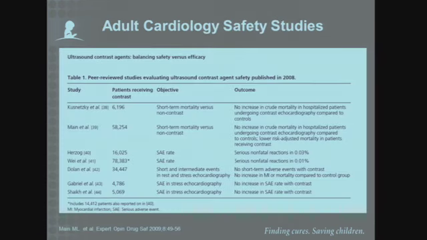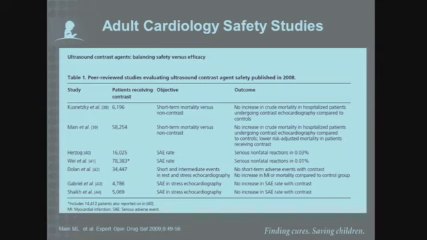So in the adult cardiology community, the use of these ultrasound contrast agents plummeted after the black box warning, and the adult cardiology community undertook numerous very large retrospective studies to investigate whether or not these contrast agents really increase the morbidity and mortality of adult cardiology patients.